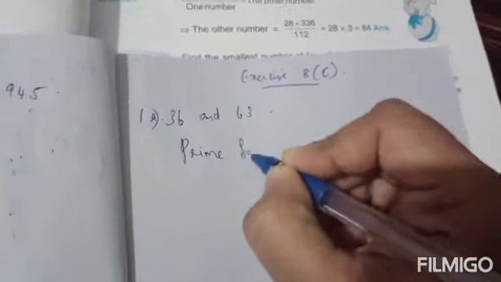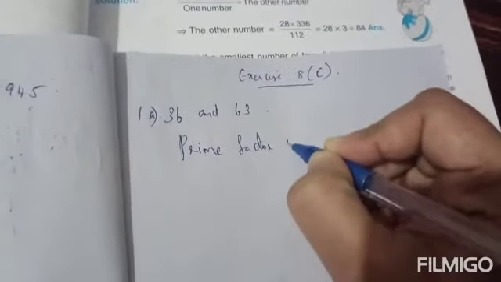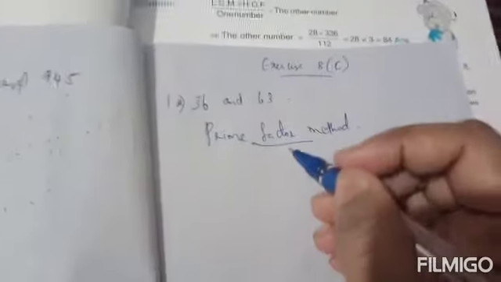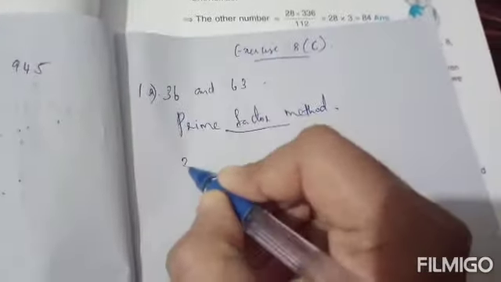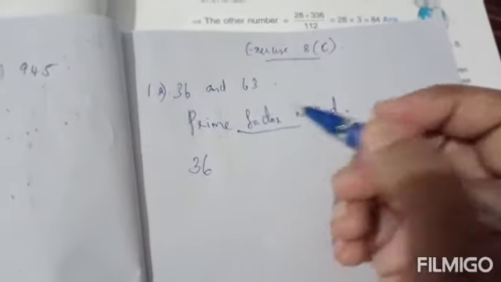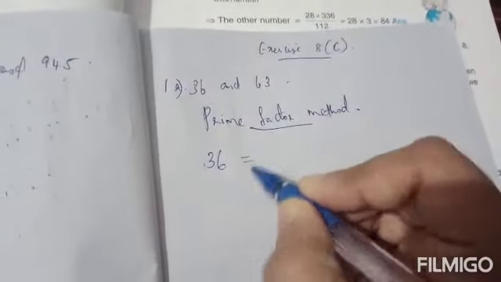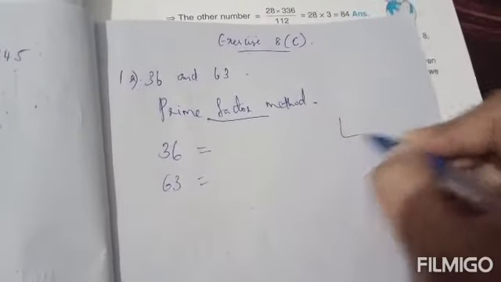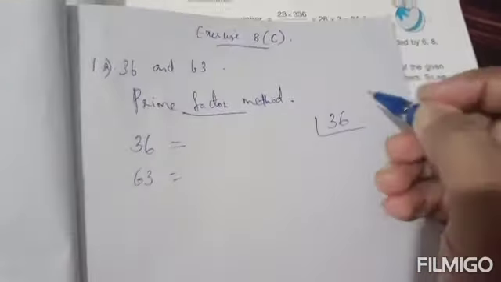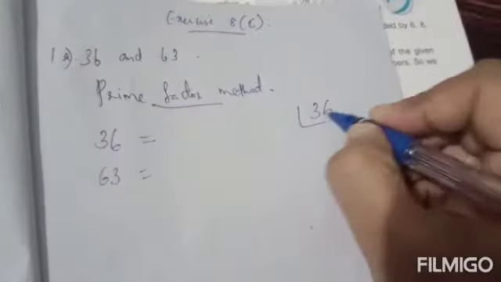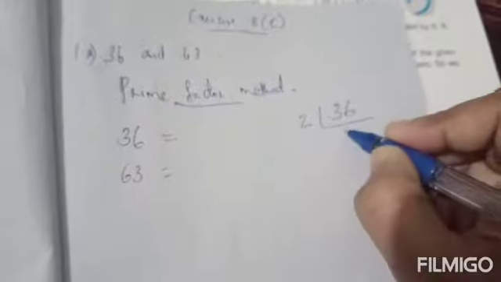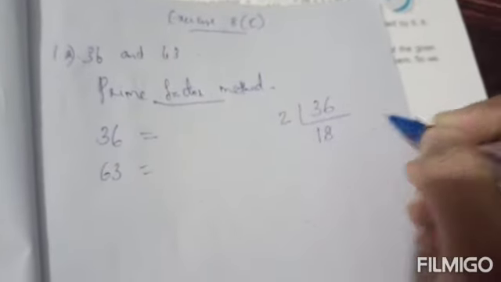First, we are using the prime factor method. In this method, find the prime factorization of 36 and 63. You know how to find the prime factorization of 36. You can divide 36 by 2, it will come 18.